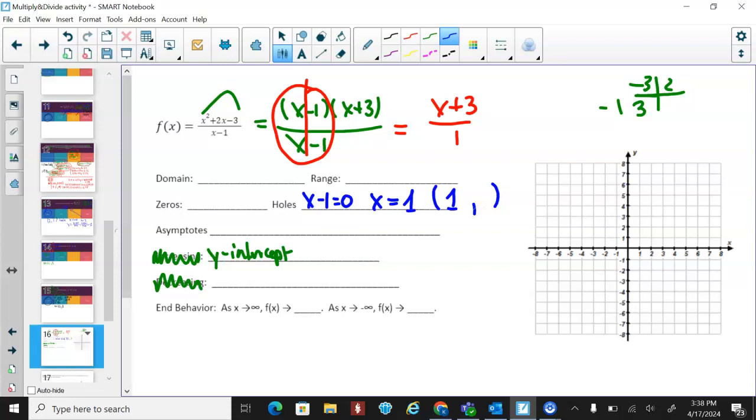Okay, now in class I showed you guys, how do I find a y value? I'm going to plug this 1 back into x plus 3. So x plus 3 over 1 equals, and instead of the x right here, I'm going to plug in this 1. So that's 1 plus 3 over 1, that's 4.